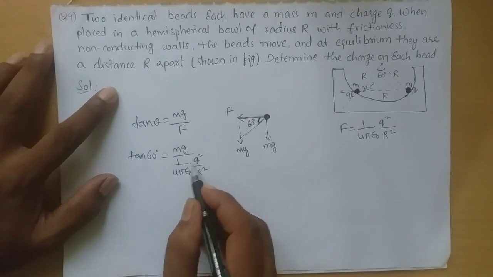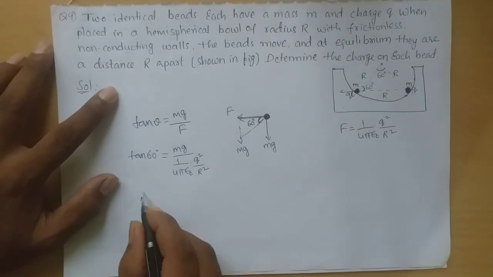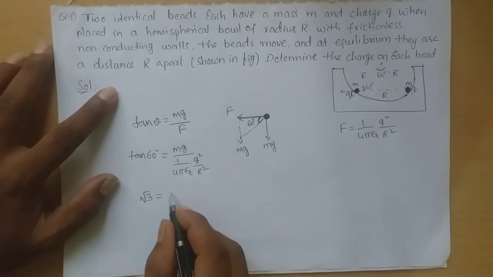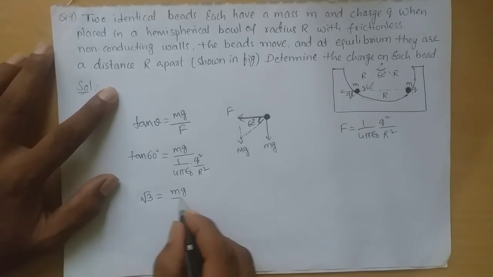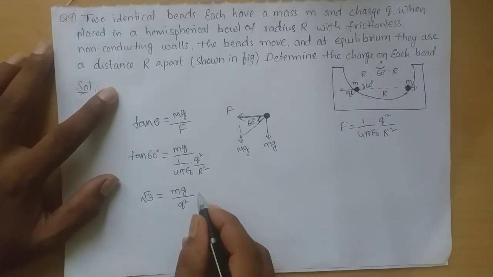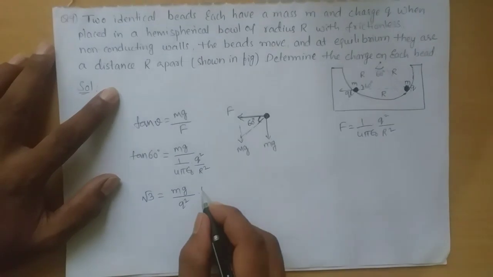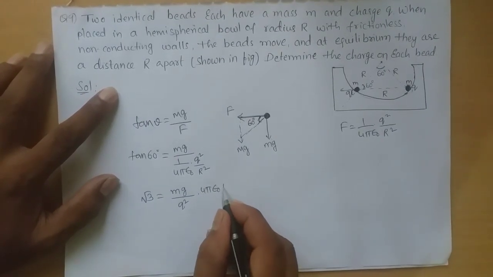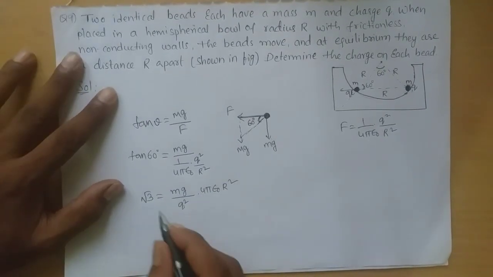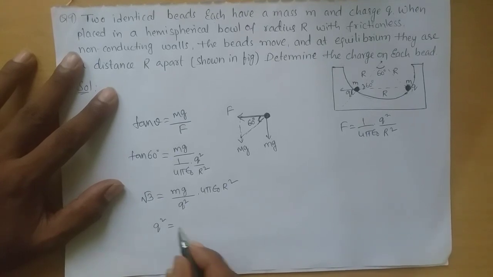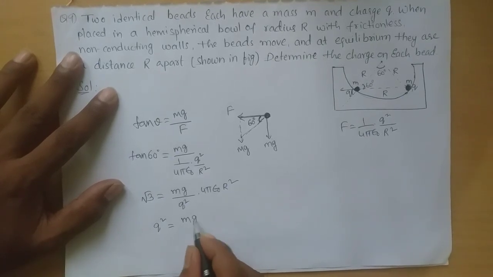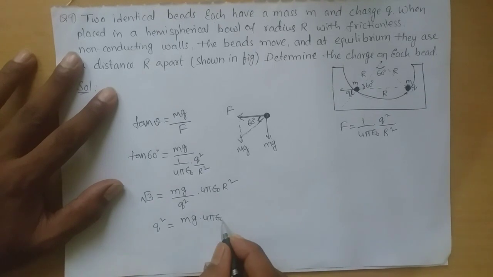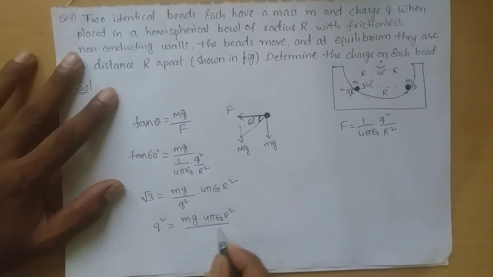So then tan 60 value is root 3, equal to mg by q square into 4 pi epsilon naught r square; the 4 pi epsilon naught r square will go upside. Now q square sent to this side, so q square equals mg 4 pi epsilon naught r square by root 3.